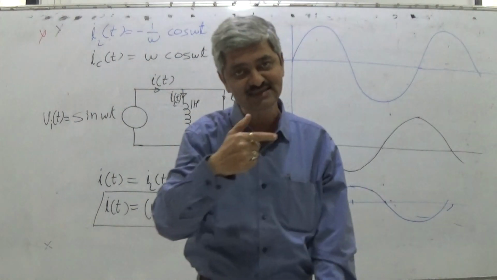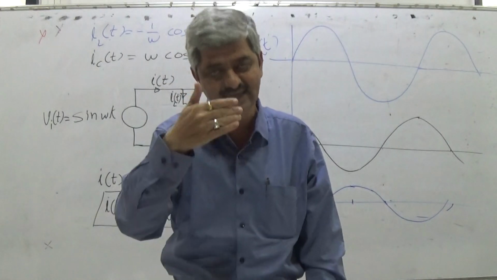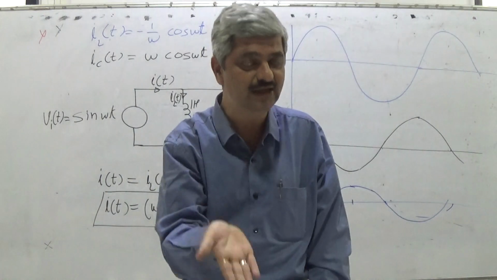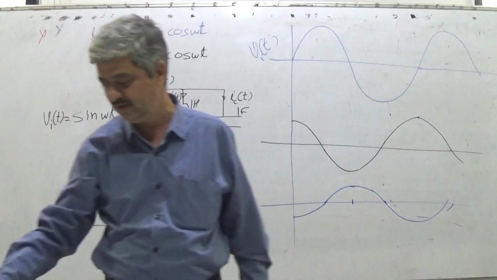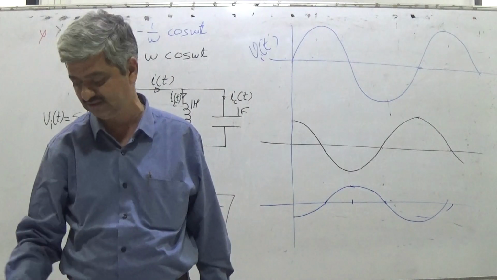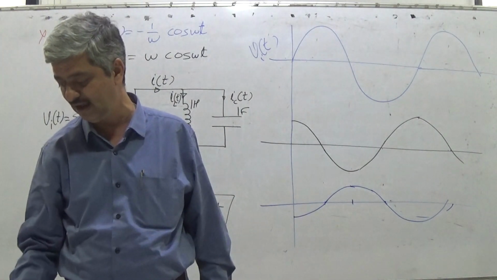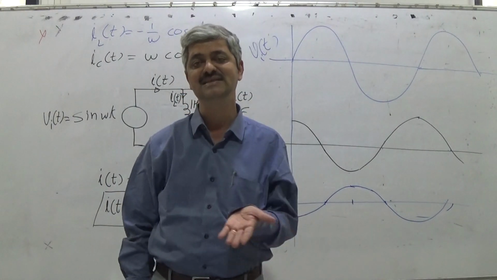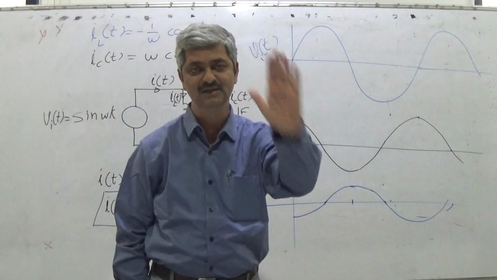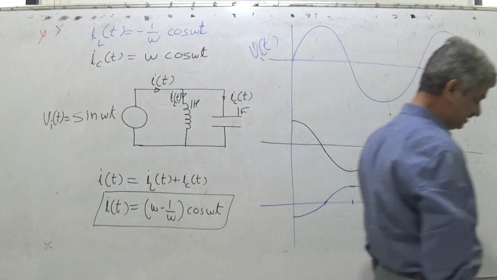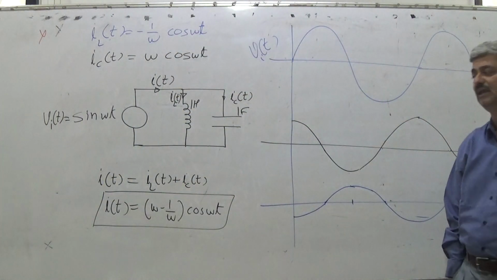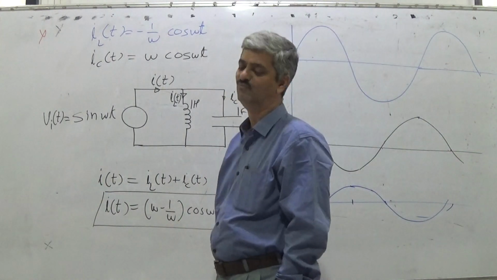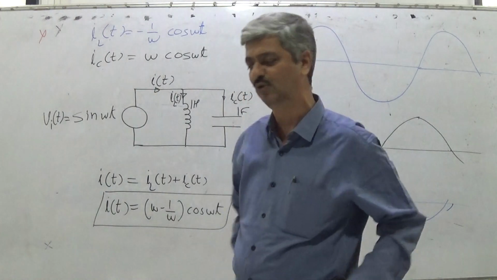Then there is a likelihood, obviously there is a situation where omega and 1 upon omega are equal. And if omega and 1 upon omega are equal, the current through inductor and current through capacitor are always opposite, and they will be equal and opposite. Current through capacitor and current through inductor will be equal and opposite for omega equal to 1, because omega and 1 upon omega are equal for omega equal to 1.